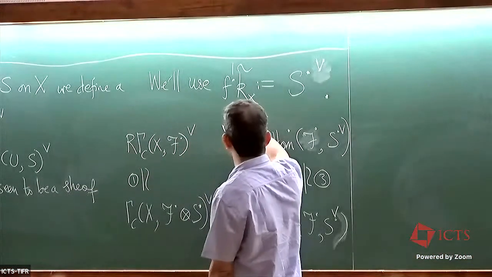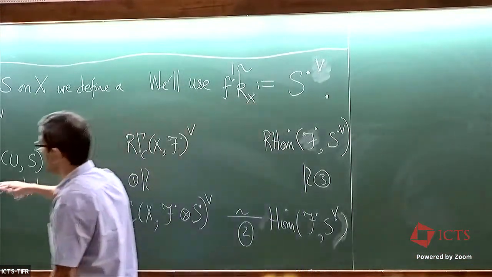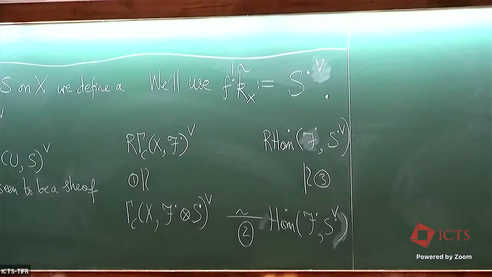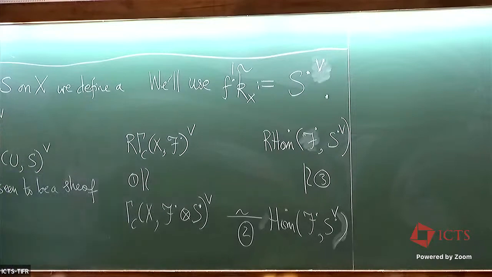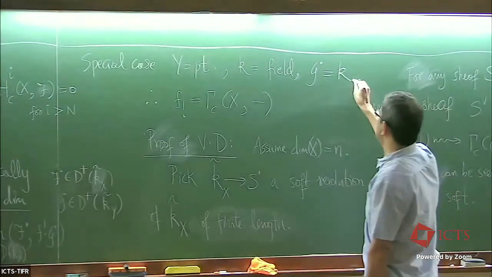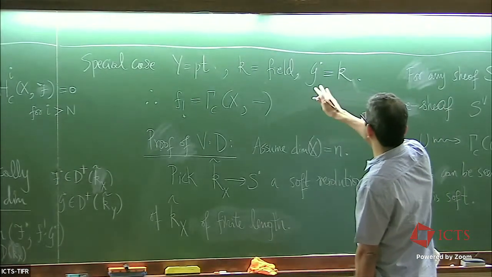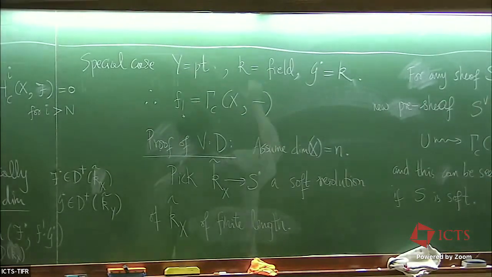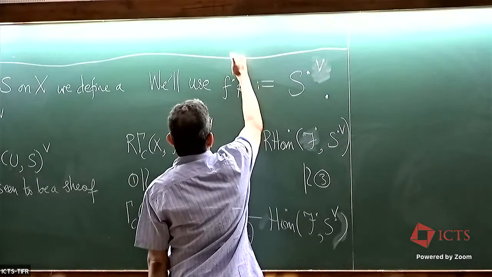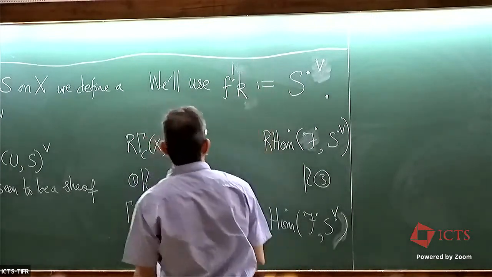Yeah, I'm interested in F upper shriek of G dot. Didn't I say I will be? Oh, sorry. Yeah, G is K. K_X still I should call it. Yeah, G dot is just K. That's just a field.